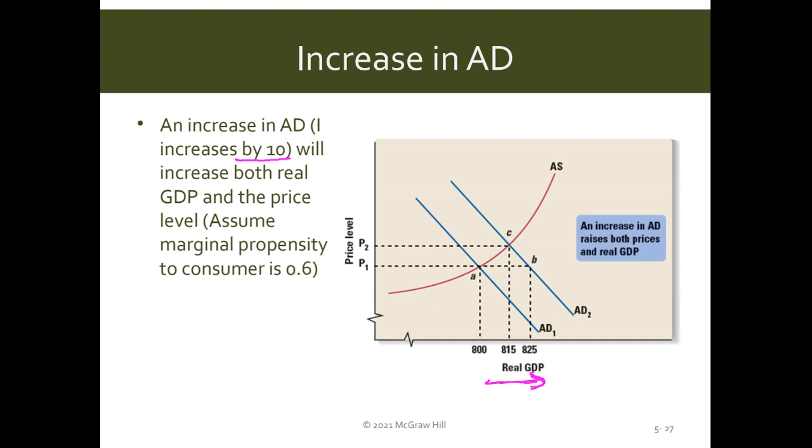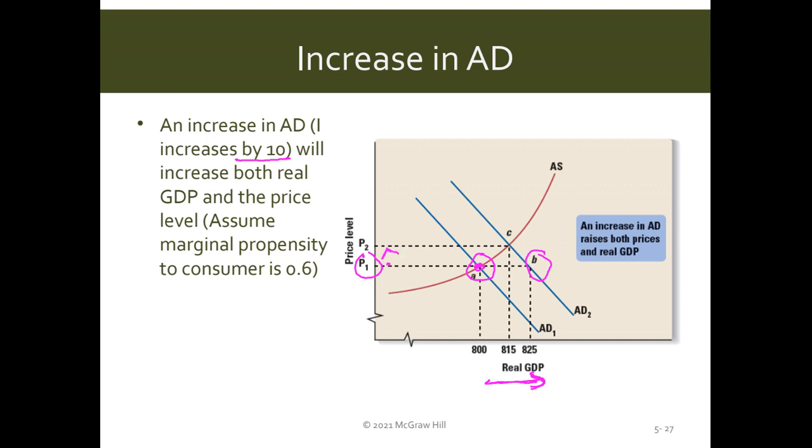But with this demand and with this supply, because there's no change in supply at this price level, at P1, supply is same at 800. But now because of the increase in investment by 10 billion, the aggregate demand will be 25 billion more than supply of 800 billion. So 25 billion is a shortage. And because of this shortage, price will increase.